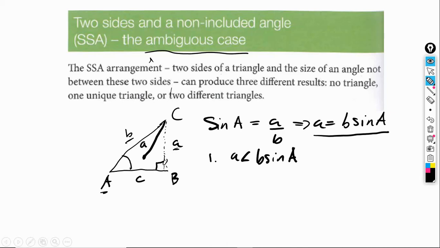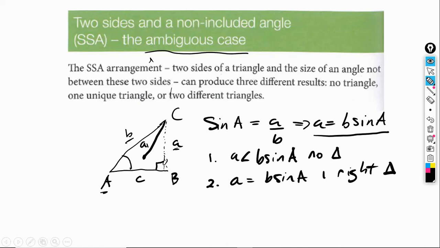Let's call this A1. So if A is less than B times sine of angle A, then there would be no triangle. The second possibility is the one we saw before, where A is equal to B times sine of A. So in this case, we saw that there would be one right triangle.